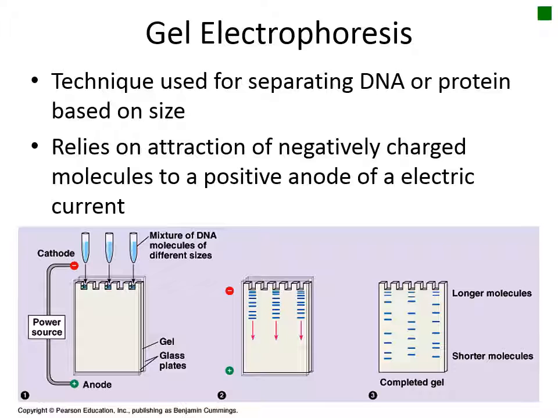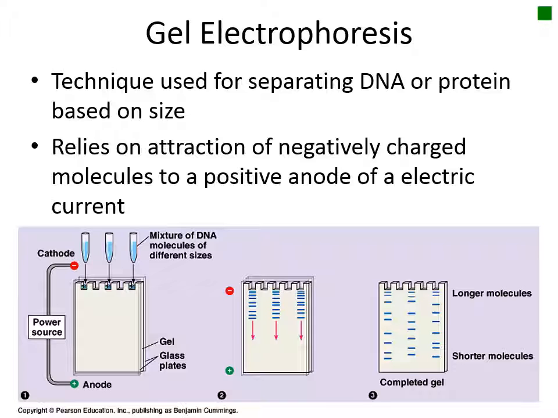Gel electrophoresis is a technique that uses electric current to separate molecules, either DNA or proteins, based on their size. In gel electrophoresis, the samples that you want to separate are loaded into holes called wells in the top of an agarose gel. Agarose gel is similar to really dense jello.